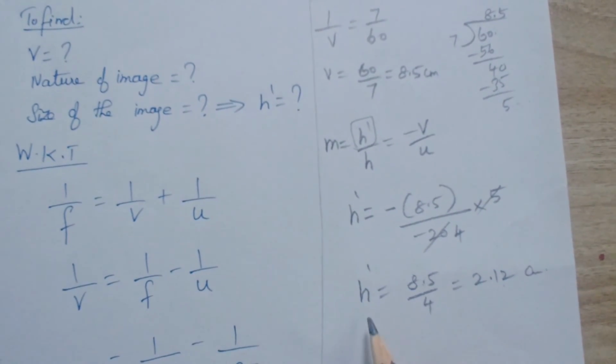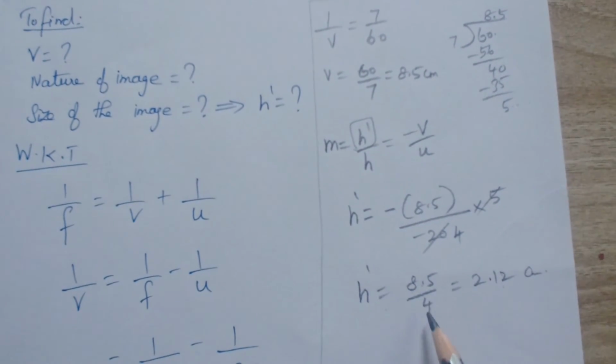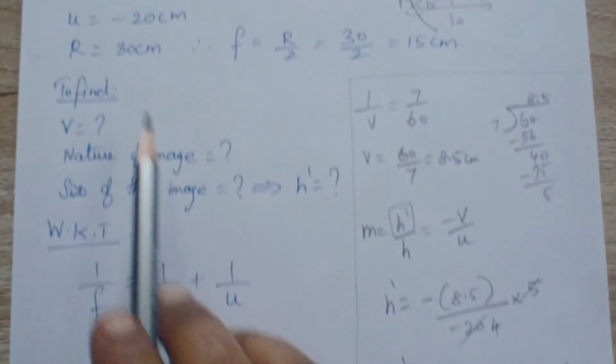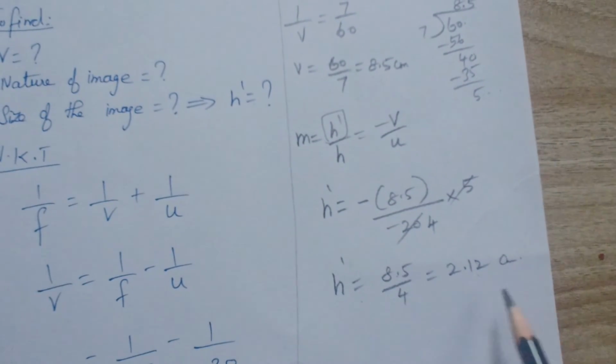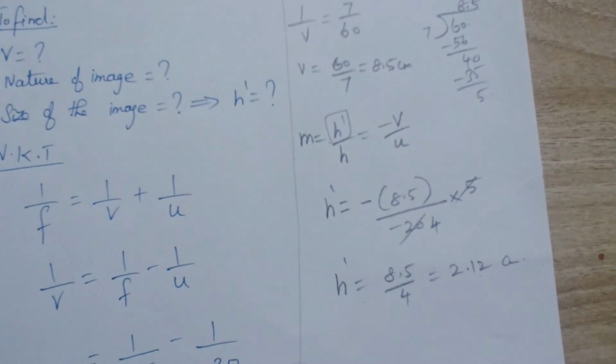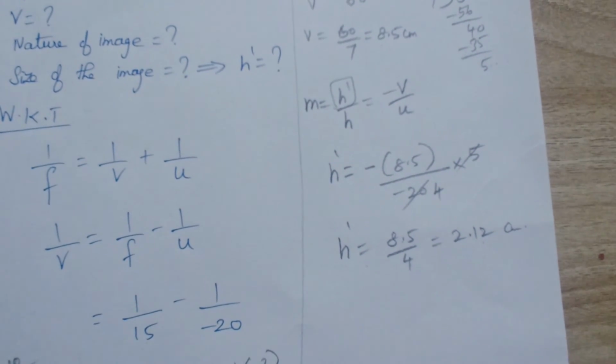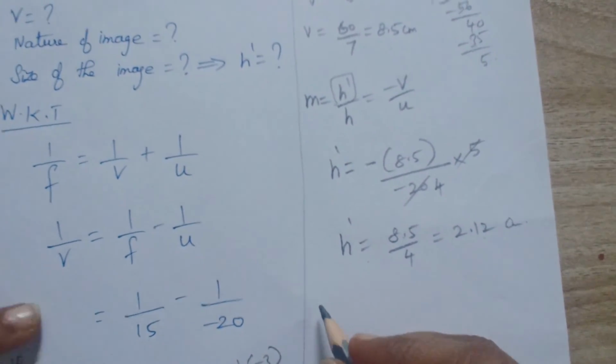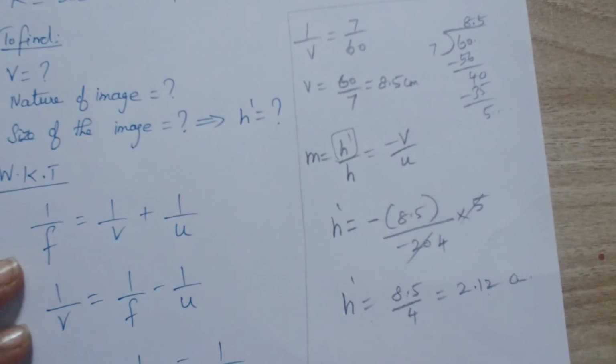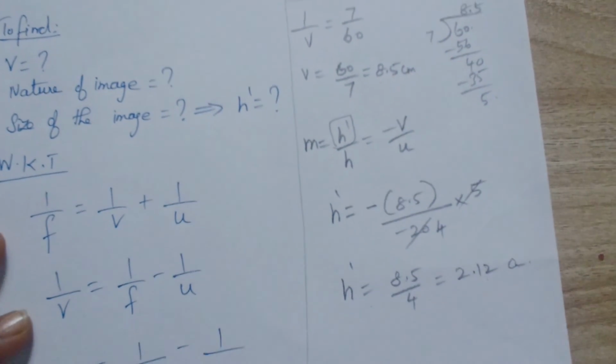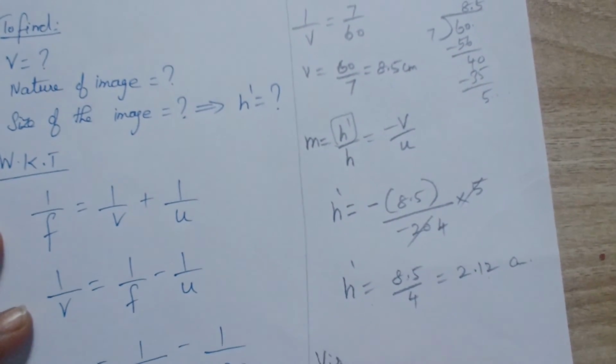The height of the object is 5 centimeter, and the height of the image is 2.1 centimeters, so it is diminished, smaller in size. What is the nature of the image? Since it falls behind the mirror, it is virtual.